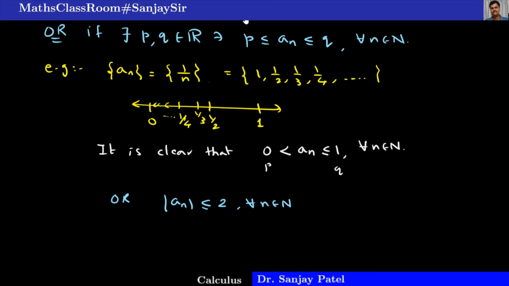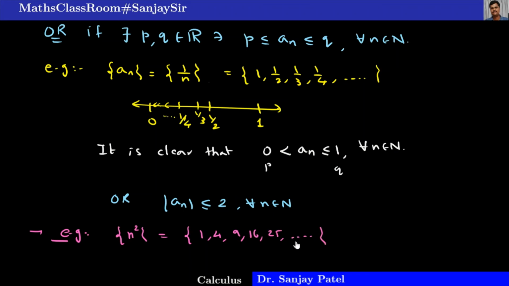For example, consider a sequence, say n square, or simply n. What is n square? That is the sequence of perfect squares. So 1, then 4, then 9, then 16, 25, and so on.